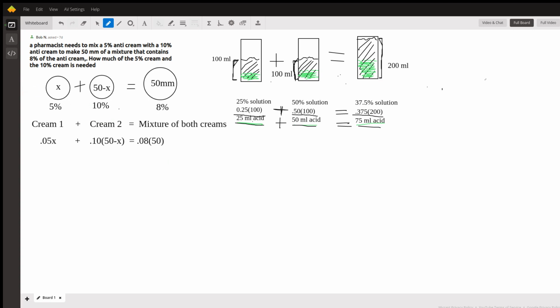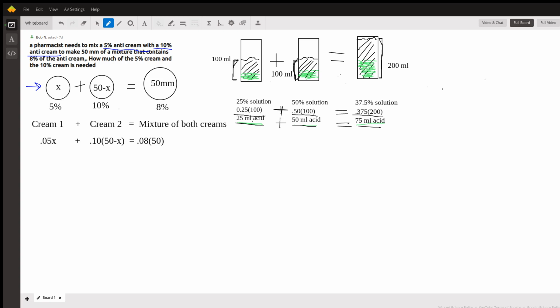So reading this problem, we have a pharmacist who needs to mix 5% anti-cream with a 10% anti-cream. While that is illustrated here, let's imagine these circles represent the bottle or container of cream. I don't know how much of the cream I have in that container, so we're going to call it X. Again, we use variables for things we don't know.